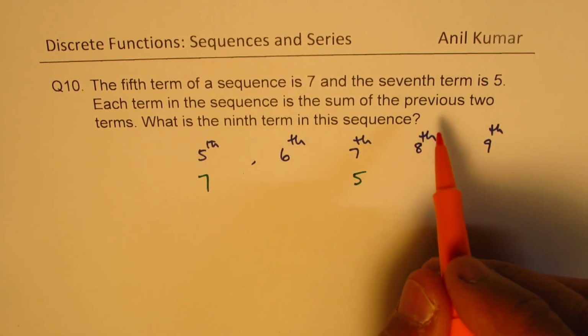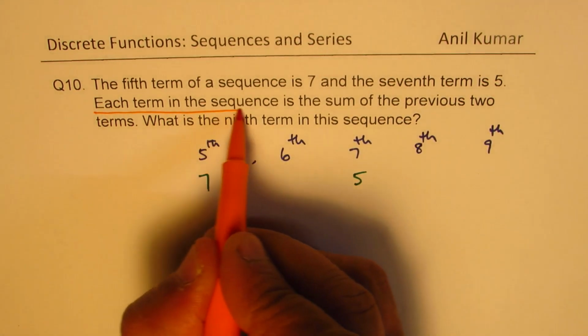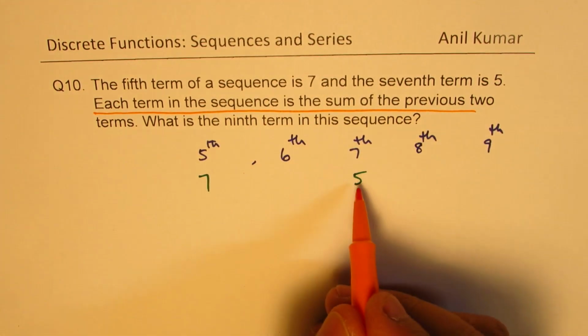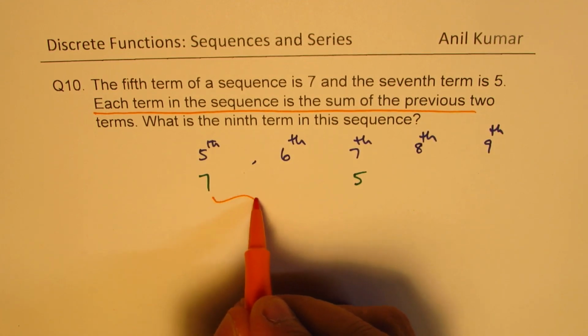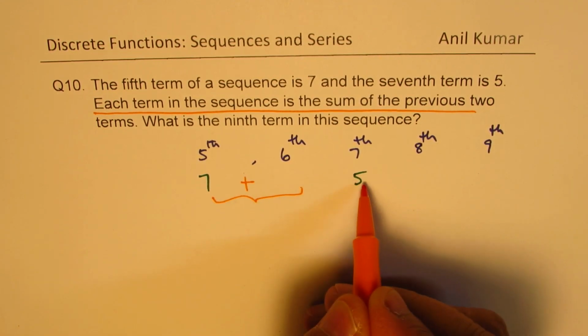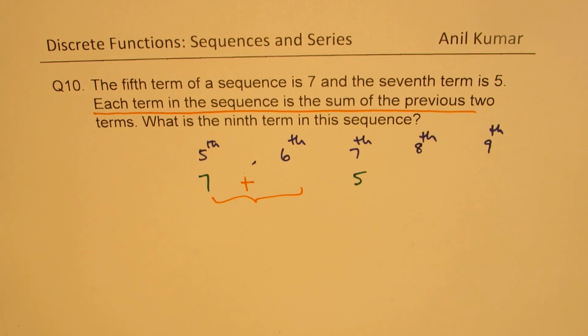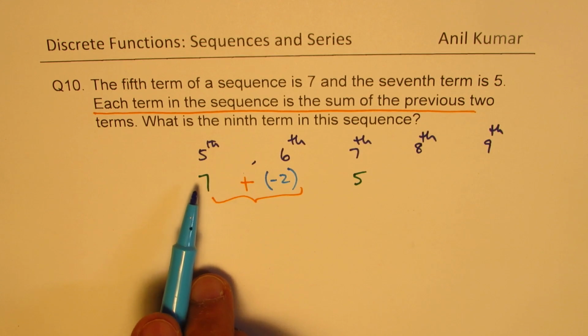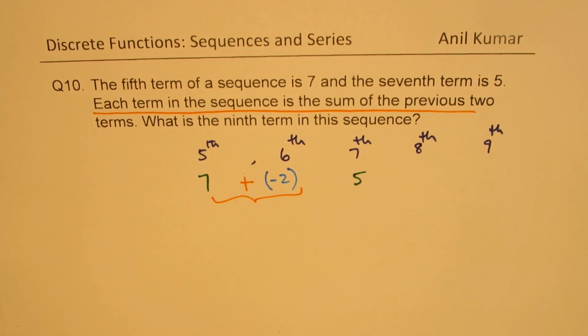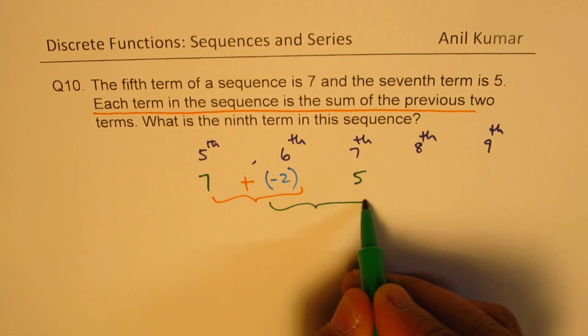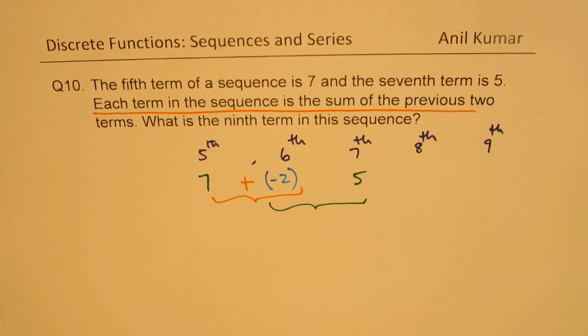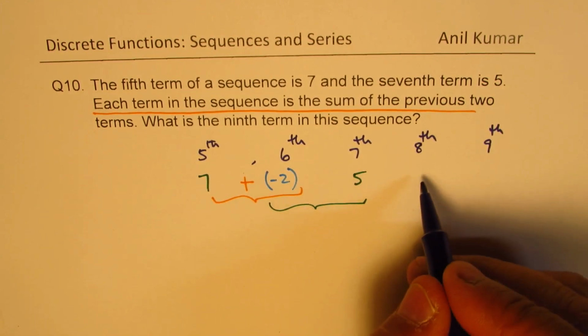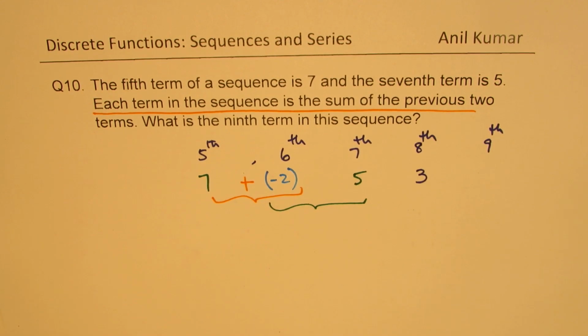Now since we are given that each term in the sequence is sum of previous two, that means 5 is 7 plus something is 5. That something could only be minus 2, right? 7 plus minus 2 is 5. Is that clear? So we get this term minus 2. Now, to get the next term, I have to add these two to get the 8th term, right? So 5 minus 2 is basically 3. So we get the 8th term.